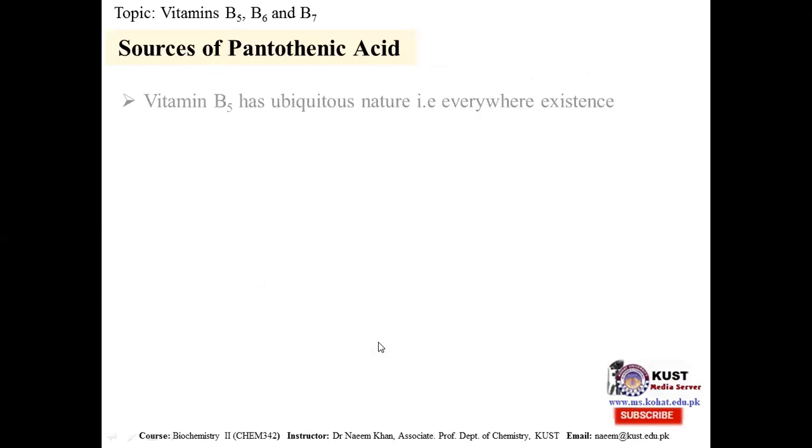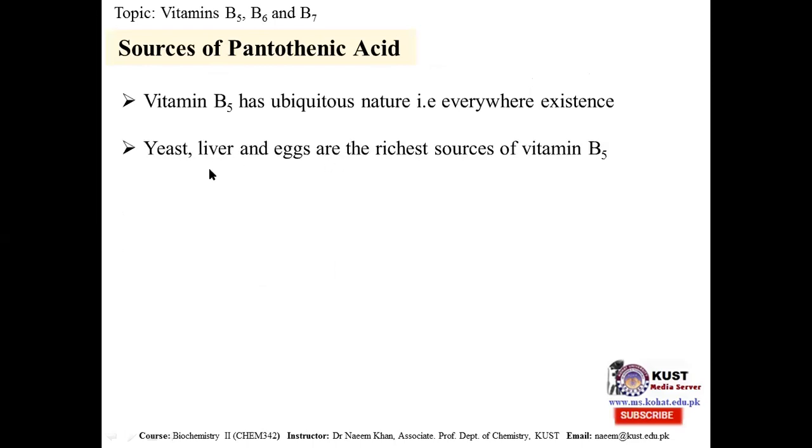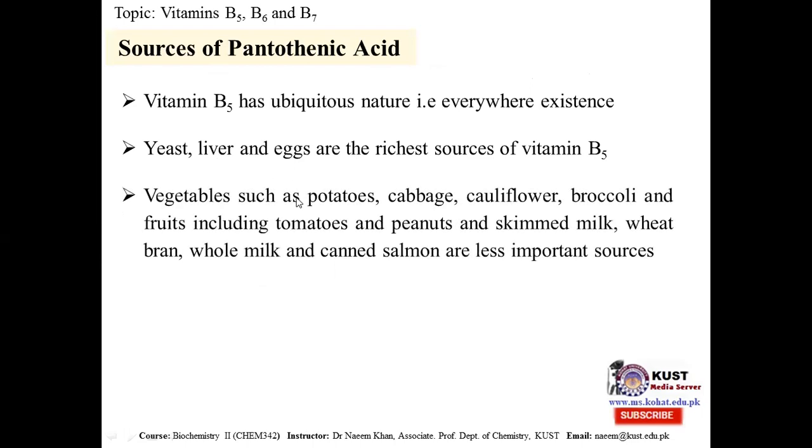Important sources of pantothenic acid: as we discussed, it is found everywhere, ubiquitous in nature. Liver, yeast, and eggs are the richest sources of vitamin B5.